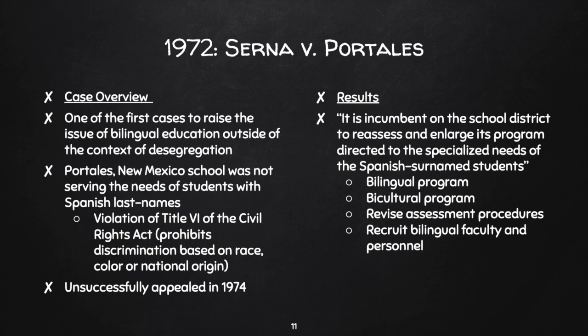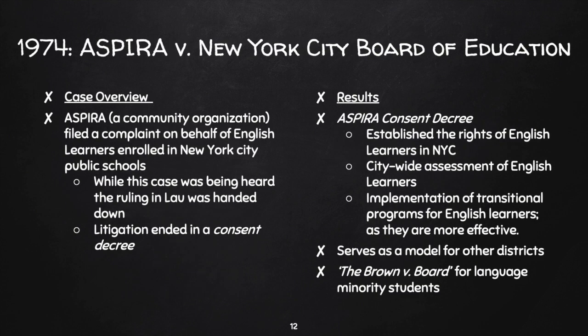academically successful. In 1974, we have the case of Aspira versus New York City Board of Education. This is one of the biggest cases in bilingual education history, so it's really important to know. So make sure you're familiar with this case. An overview of the case is that Aspira, which is a community organization in New York, filed a complaint on behalf of English learners enrolled in New York City public schools.